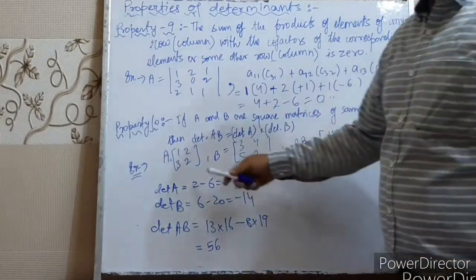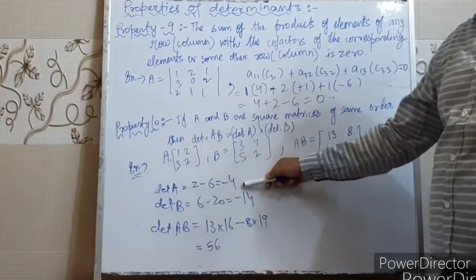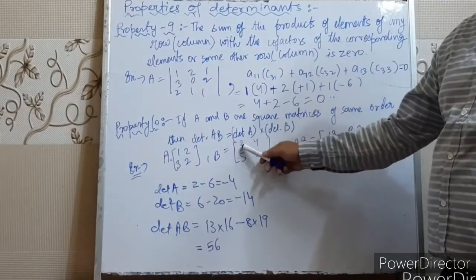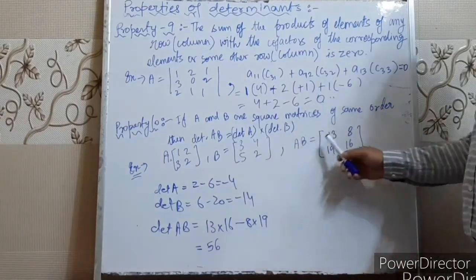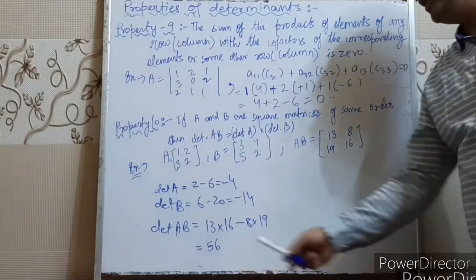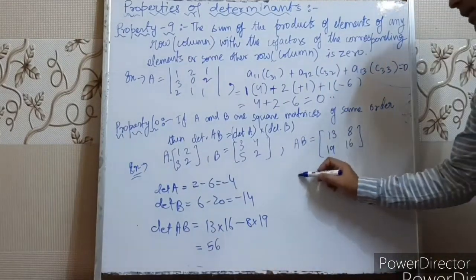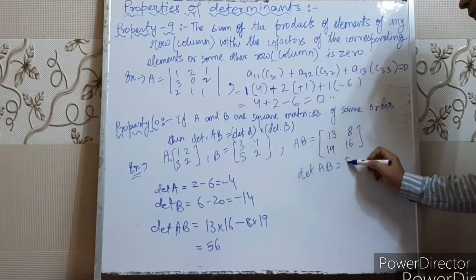If you calculate the determinant of A, we get 2 minus 6, which is minus 4. The determinant of B is 6 minus 20, which is minus 14. The determinant of AB is 13 into 16 minus 19 into 8, which is 56. So the determinant of AB has value 56.